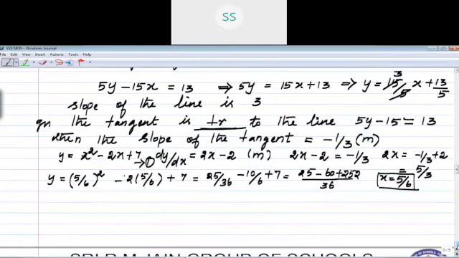Y is equal to 25 plus 252, that is 277. 277 minus 60 divided by 36, which is equal to 217 by 36. Now we want to find the equation, right?